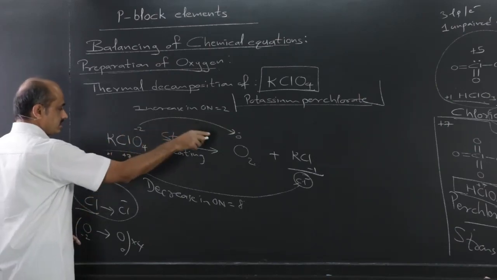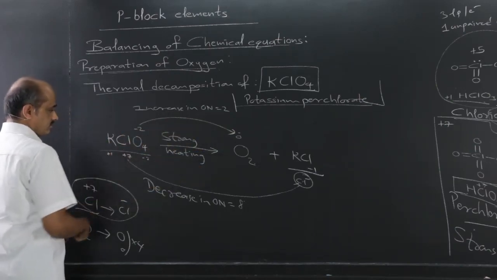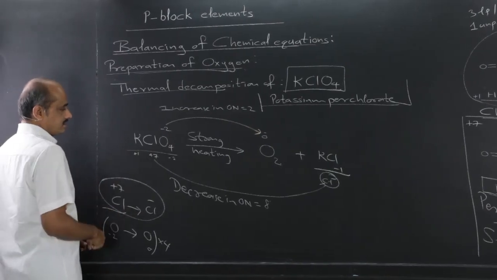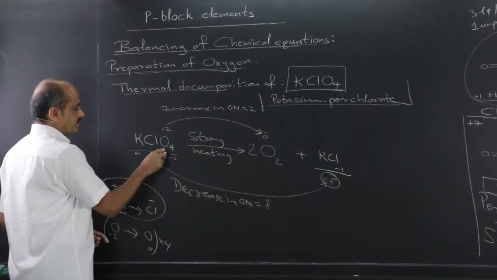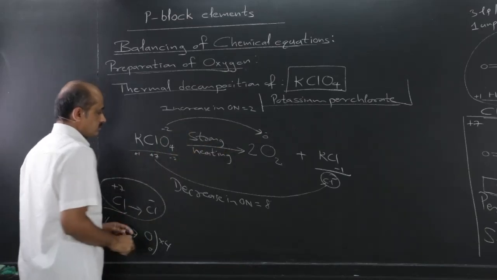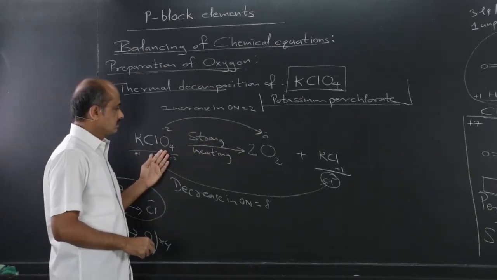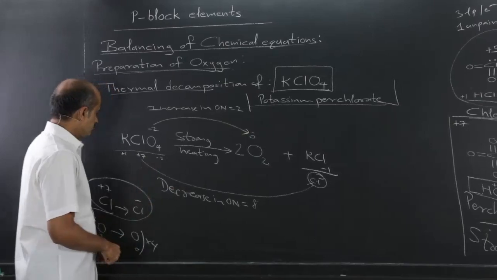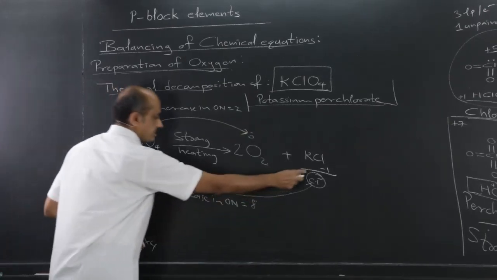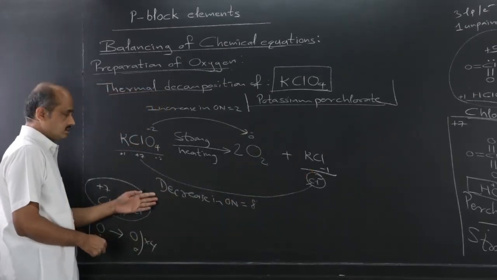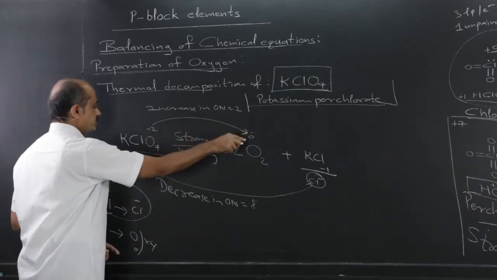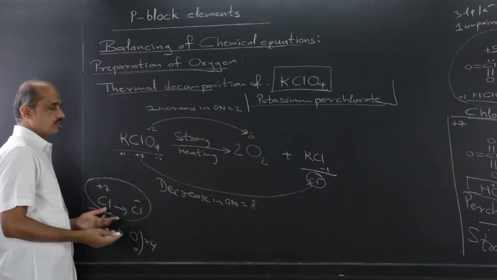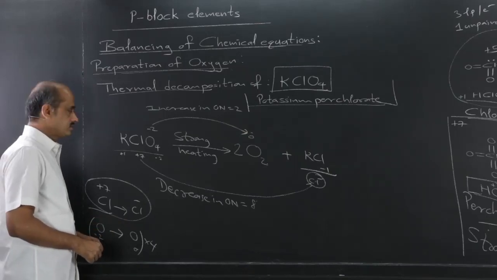So, increase in oxidation number and decrease in oxidation number, 1 KCl. Now minus 2 changes to 0, such 4 means 8, and plus 7 changes to minus 1 is also 8. Here the decrease in oxidation number is 8 and the increase in oxidation number is 8, and automatically this becomes a balanced reaction.